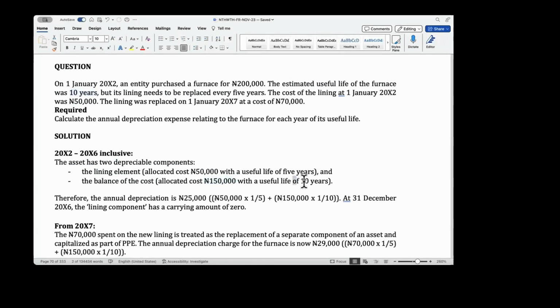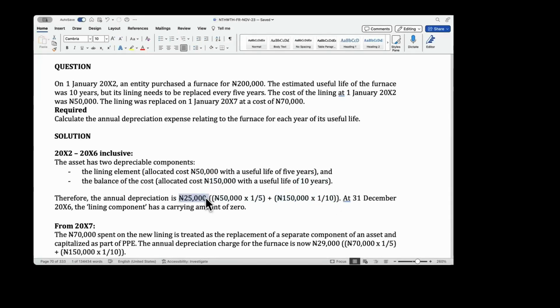That's the useful life of the balance of the cost. So depreciation is a total of 25,000, which is the lining component, 50,000 divided by 5 years, plus the balance of the cost, 150,000 divided by 10 years. If you do your mathematics, you will get 25,000.